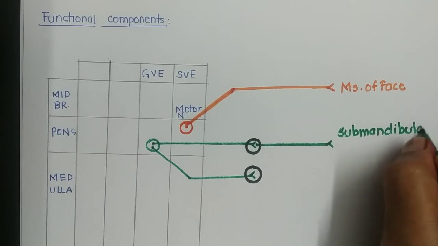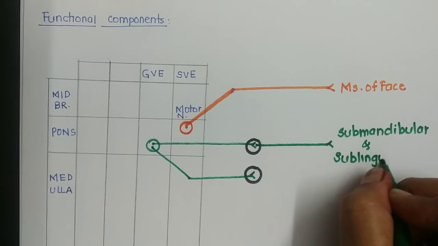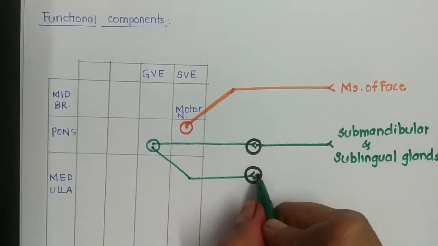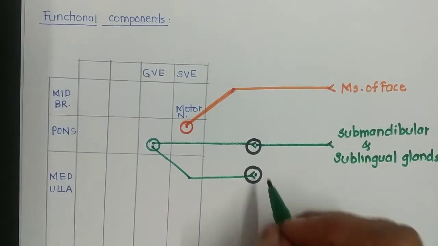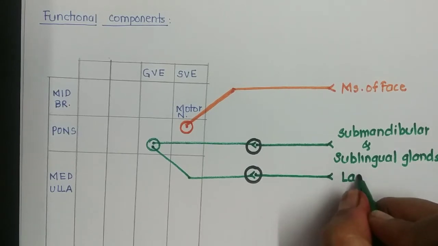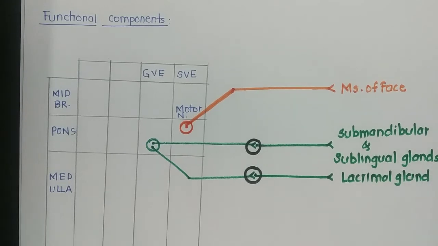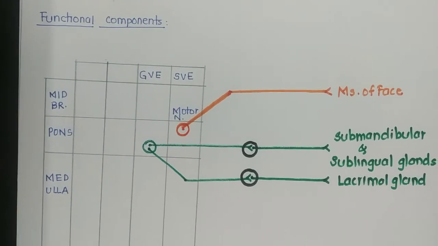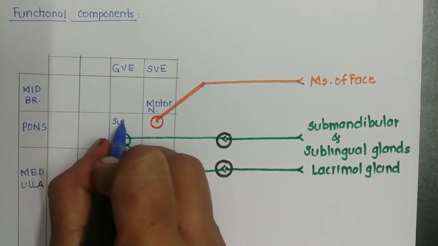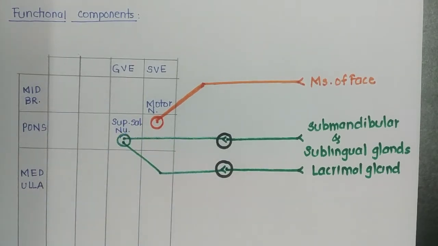So they supply the submandibular and sublingual glands, whereas the postganglionic fibers from the pterygopalatine ganglion, they supply the lacrimal gland. So this is general visceral efferent column, and the fibers, they arise from the superior salivatory nucleus and the lacrimatory nucleus.